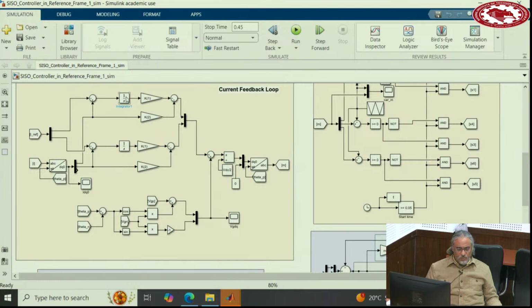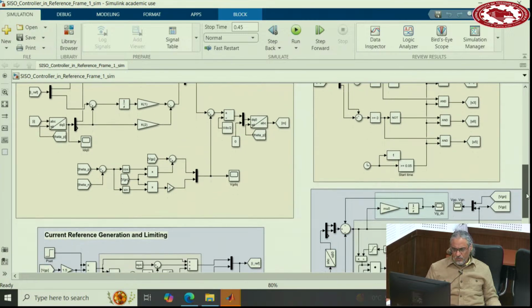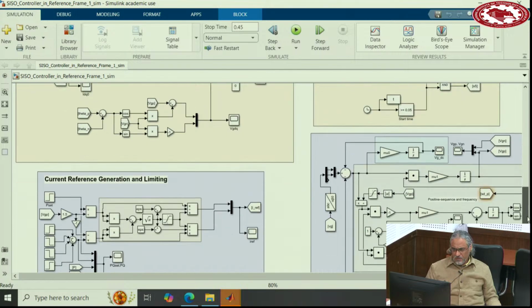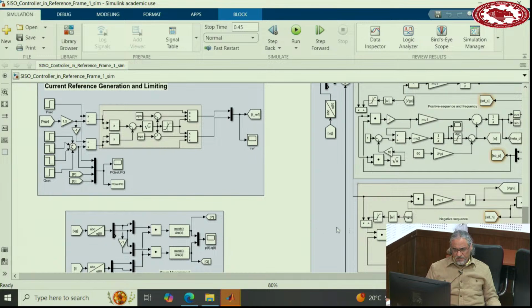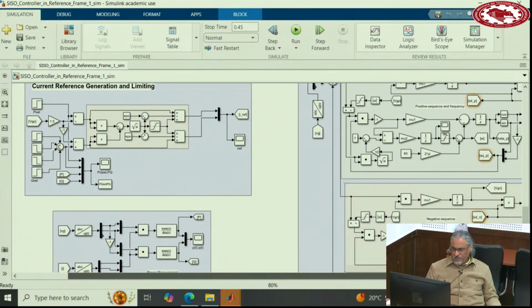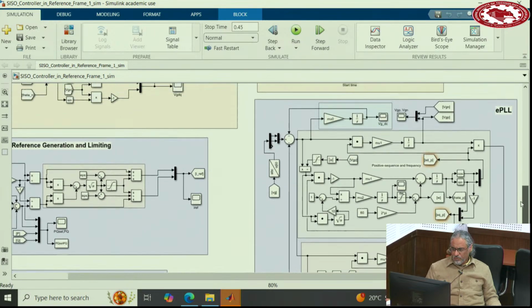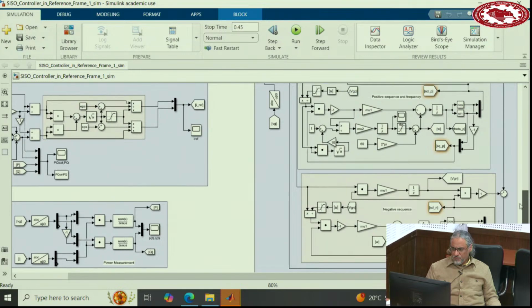And here we don't have resonant, we only have integrating, so one for D, one for Q. Then bring it here, feed-forward terms, and current reference generation and limiting is done here in DQ. And the PLL is the same as before, same thing.